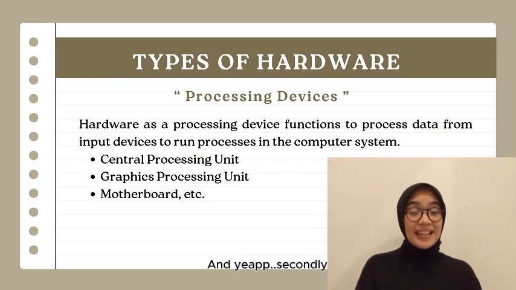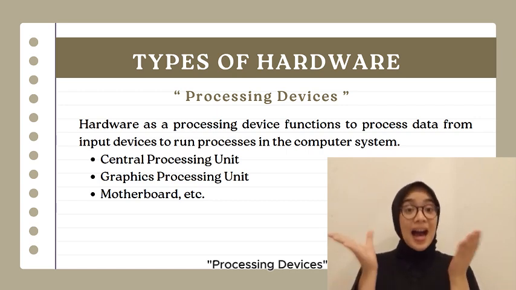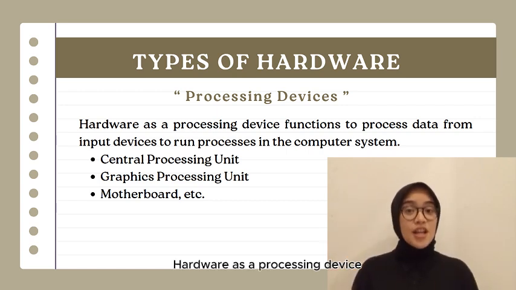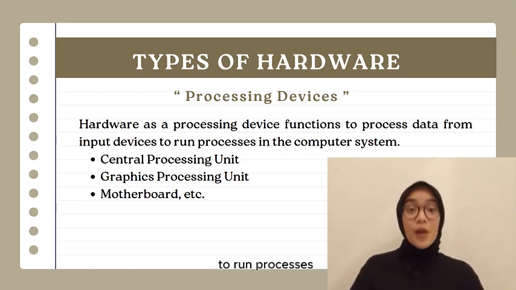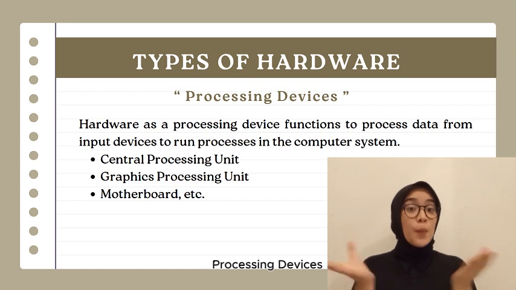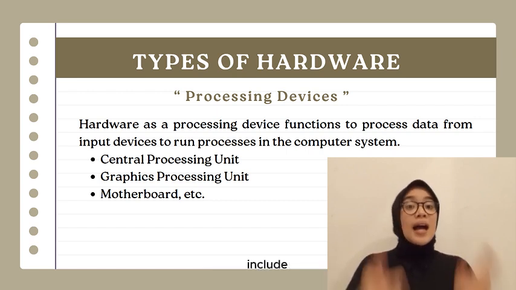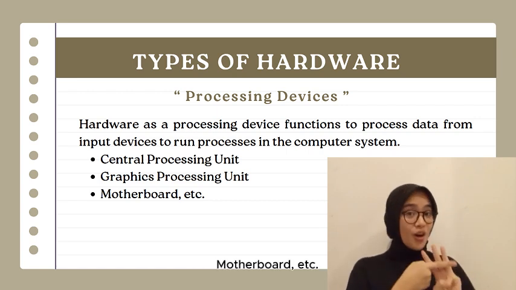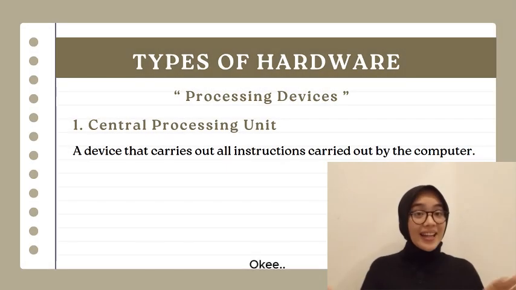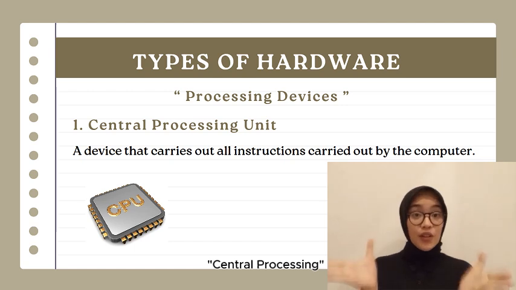And secondly, processing device. Hardware as a processing device functions to process data from the input device to run processes in the computer system. Processing devices include central processing unit, graphic processing unit, motherboard, etc. Okay, central processing unit.